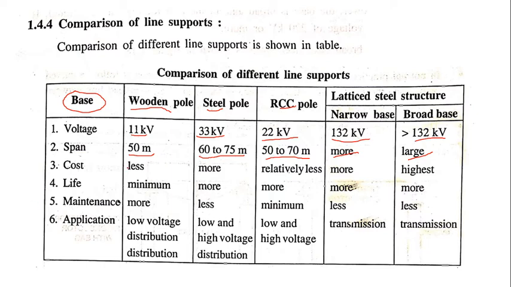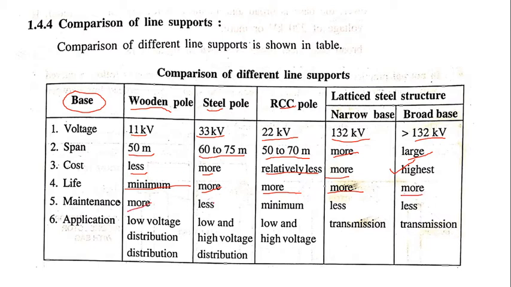Okay, now cost: wooden is very low, steel is more, RCC is relatively less, narrow base is more, and broad base is highest because it is more mechanically stable. Now life of the wooden is very low, that is the minimum, and steel pole is more, RCC also more, and lattice also more.